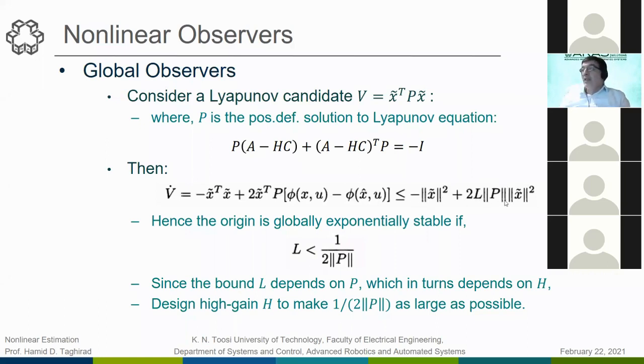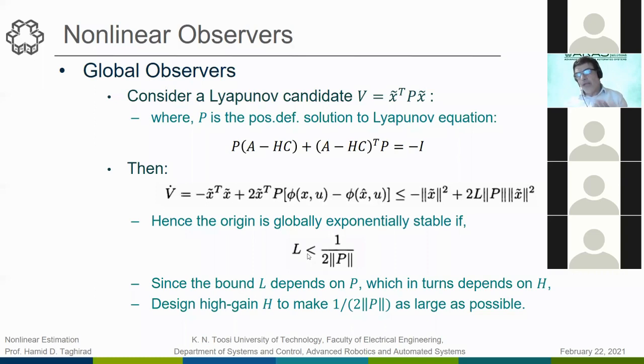If 2L norm of P is smaller than 1, then of course this term is less than this term, and we have negative definiteness, and this should be strictly negative.